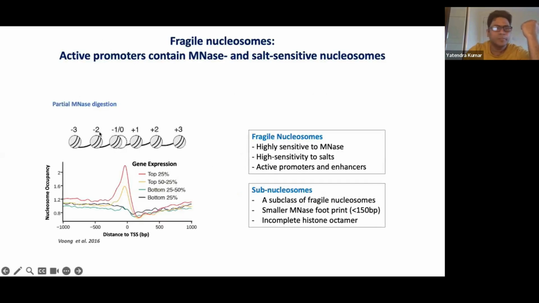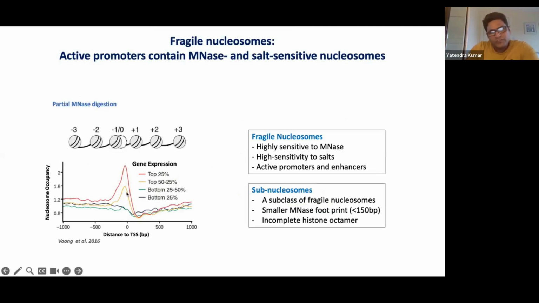But if we use partial MNase digestion, or if we use lower salt in the chromatin preps, we can see that there is a population of nucleosomes which are present in the NDR regions of the promoters, and they also correlate with gene activity. They are highest in the highly expressed genes.